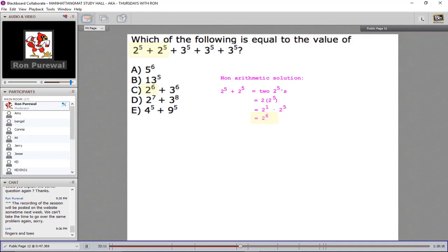And the same sort of thing is true here too. If you have these 3 to the 5th, then that's the same kind of reasoning. This is 3 to the 5th plus 3 to the 5th plus 3 to the 5th, and so that's 3 times 3 to the 5th.